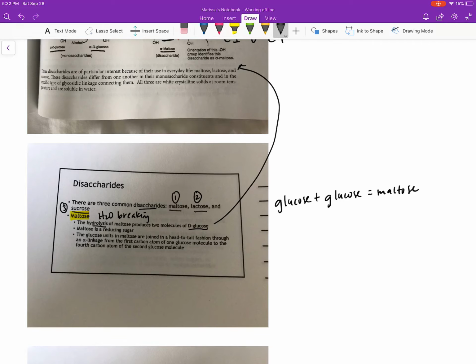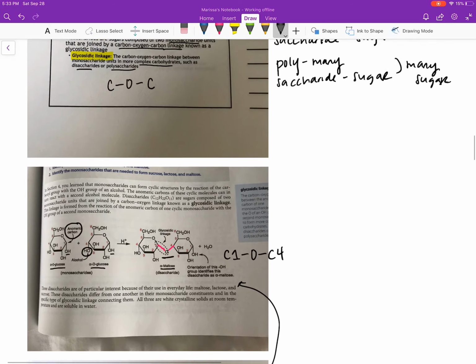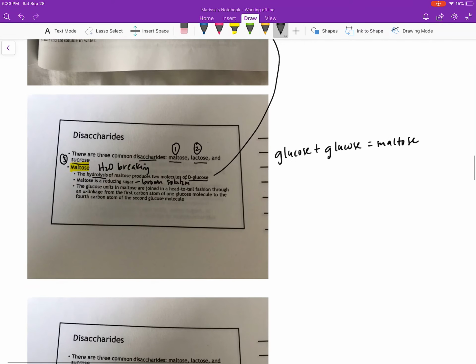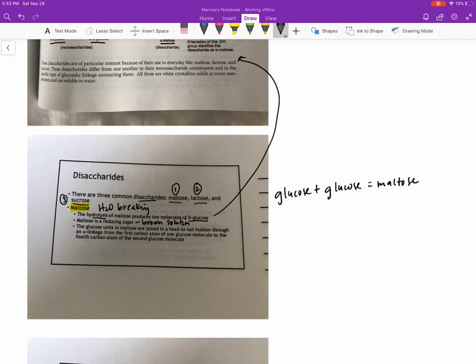So maltose is a reducing sugar, meaning that if we did Benedict's reagent, it would turn the solution brown. Okay, so think back to the blue. The blue that stayed was sucrose, and sucrose was non-reducing. So, as we saw before, the glucose units in the maltose are joined together through the alpha linkage of carbon 1 on the glucose and C4 on the other glucose.